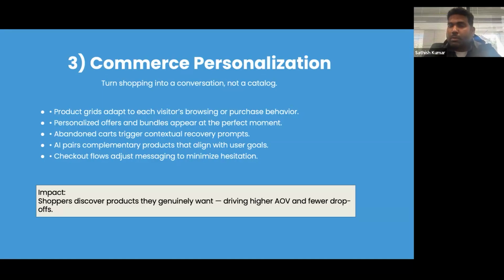So the commerce personalization can easily uplift the conversion on an e-commerce site specifically by at least 15%. Your average order value can be easily increased by 5 to 10%. So that's a big jump for many e-commerce store owners. So that's another area people will do AI personalization.